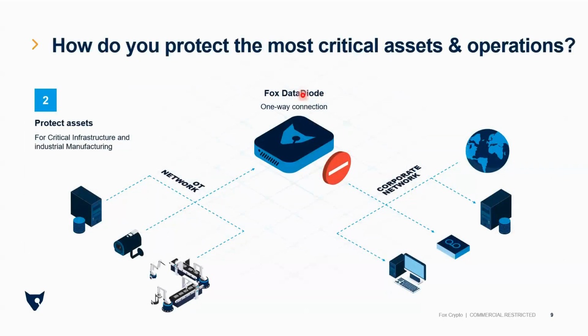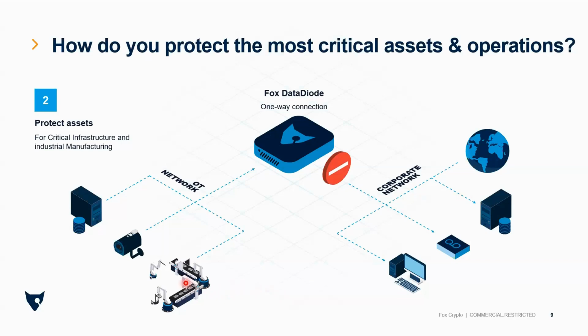The second scenario that we see is the way you can apply a data diode to protect critical assets and operations. So on the left side, you see a network. We call it the OT network, the operational technology. It can be a plant, a CCTV system, where on the right side, you have the corporate network, where people are working that want to analyze data, and that network is connected to the internet, so they can do email and all that stuff.